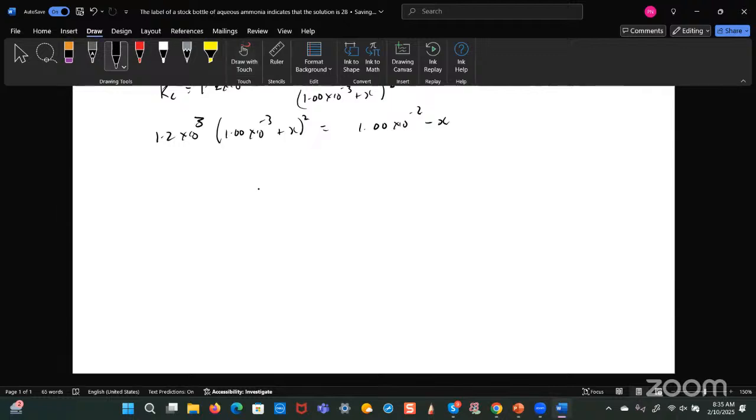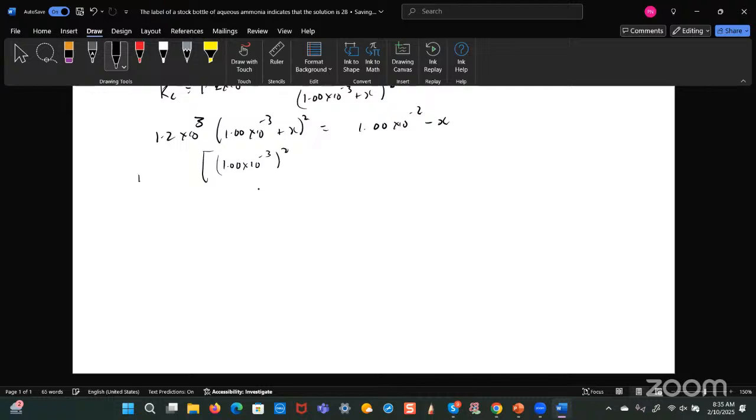All right, so first we have to work out what is within the parentheses. So that would be 1.00 squared. Let me do this here.